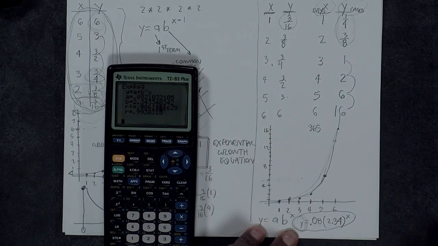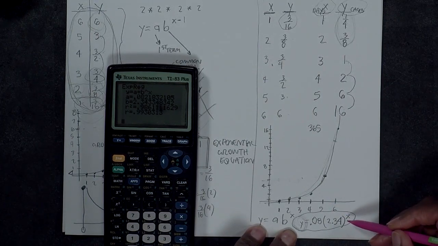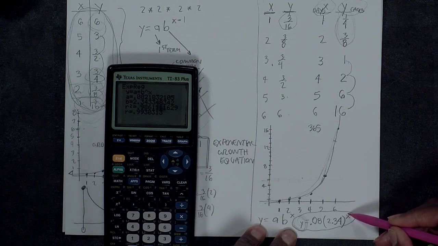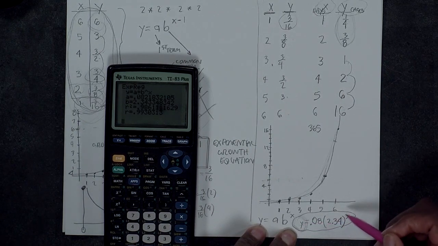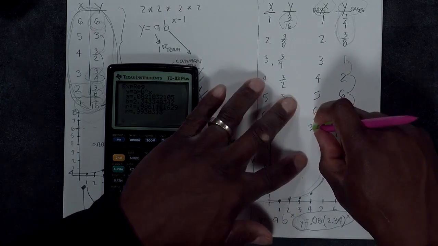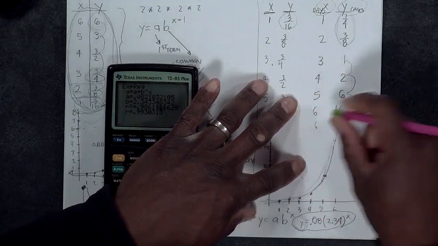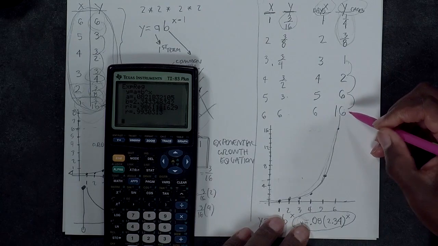Well, now you'd put 365 here and you'd get an answer for Y, an approximate number of COVID cases after a year.